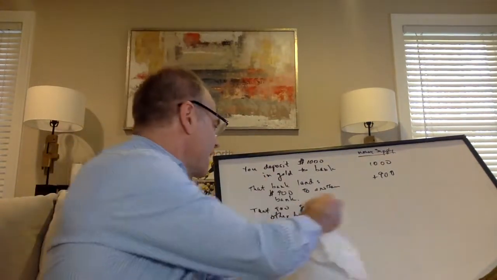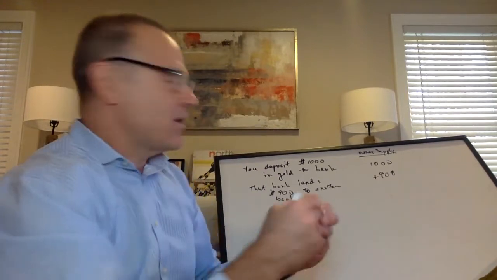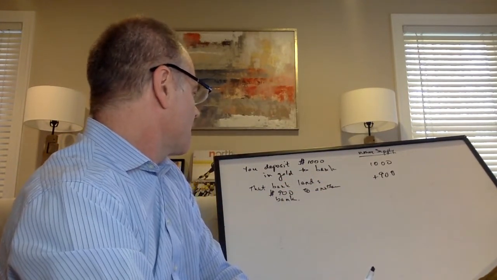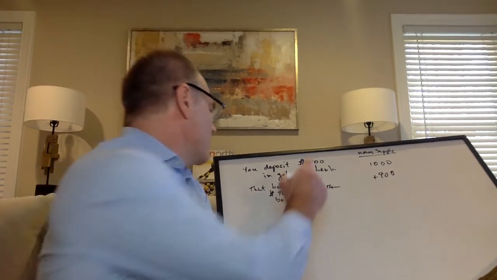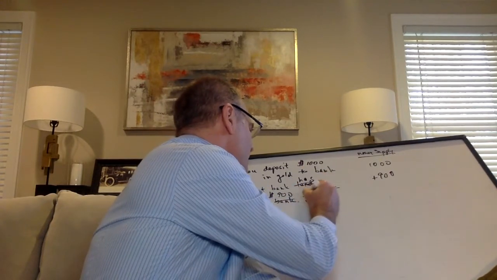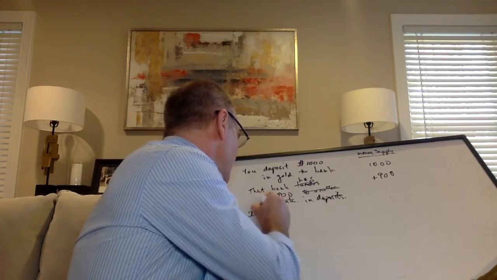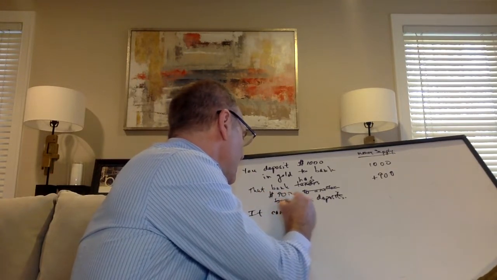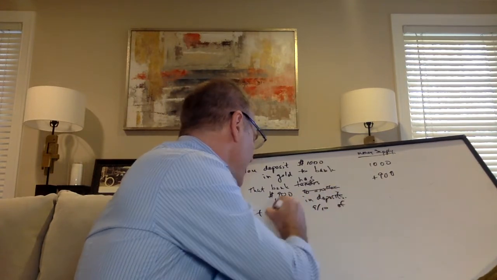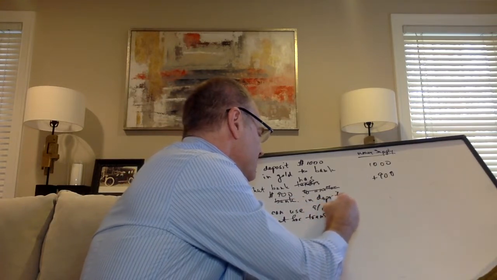The second bank has $900 worth of deposits. Okay, that bank has 900 in deposits. It can use 9/10 of that for transactions.